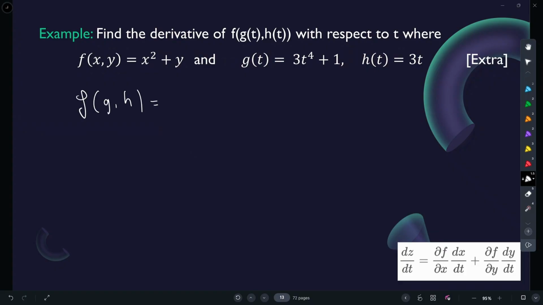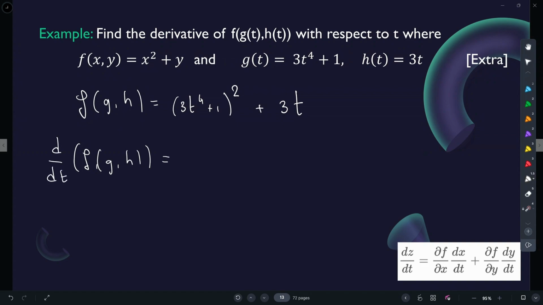I can evaluate, and this is (3t to the 4 plus 1) squared plus 3t, right? And now this function is just a function of t, so I can take the derivative with respect to t of this, and what is it going to be?